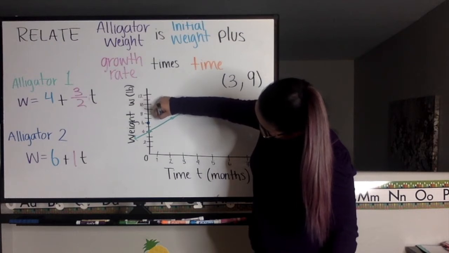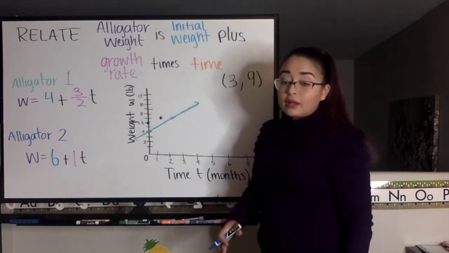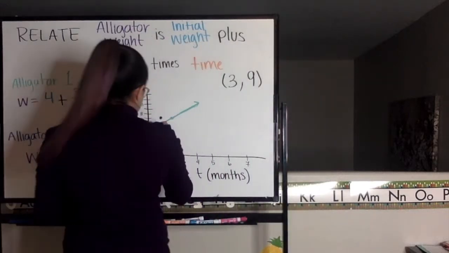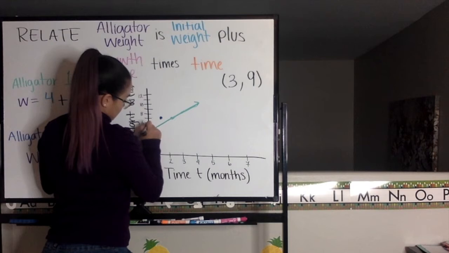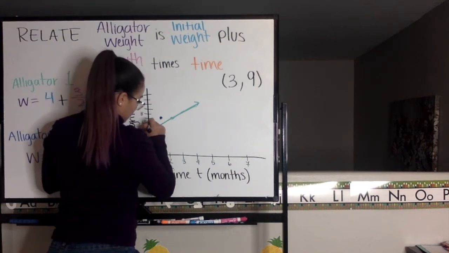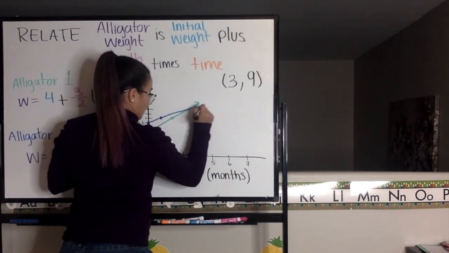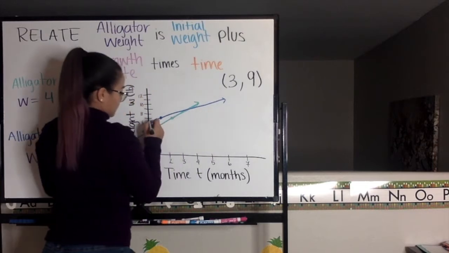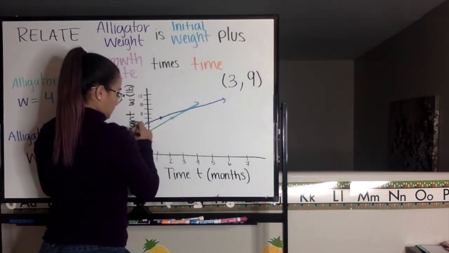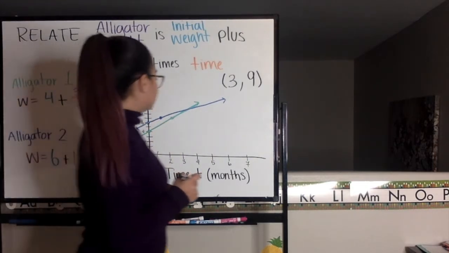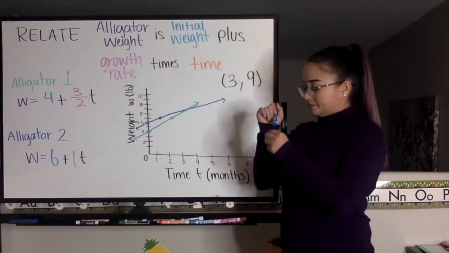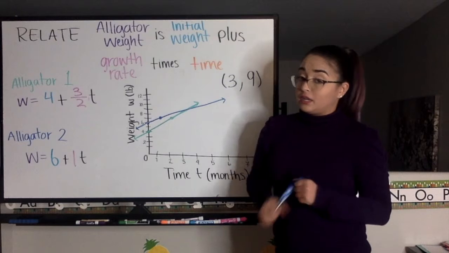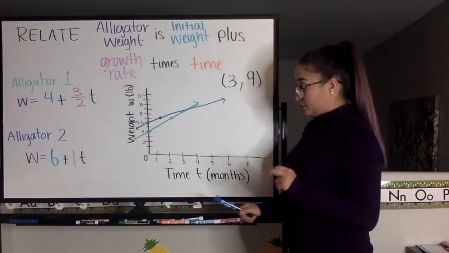Right about here. Now, let's go ahead and draw our line. So, it's going to look like this. Alrighty then. That is our line for alligator 2.